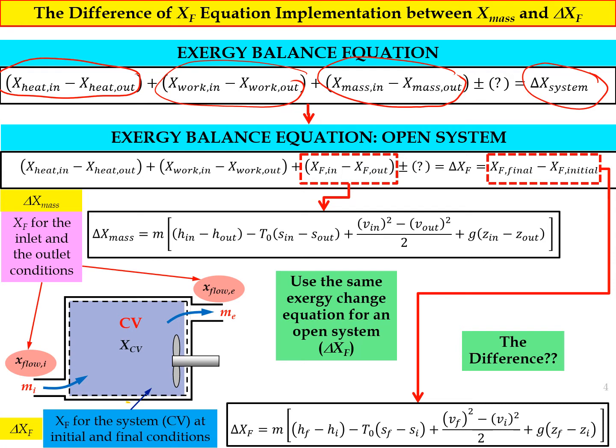In the topic of entropy in thermodynamics 1, we learned that losses may be related to entropy generation. But this time, we're going to learn these losses, or the imbalance of the equation, as something known as exergy destruction.